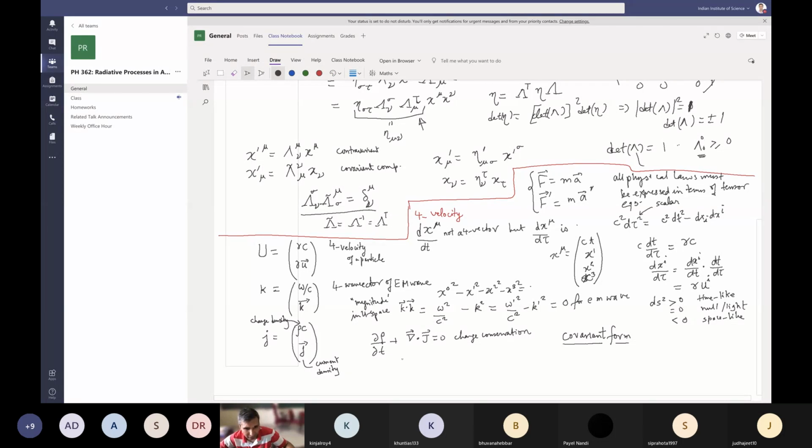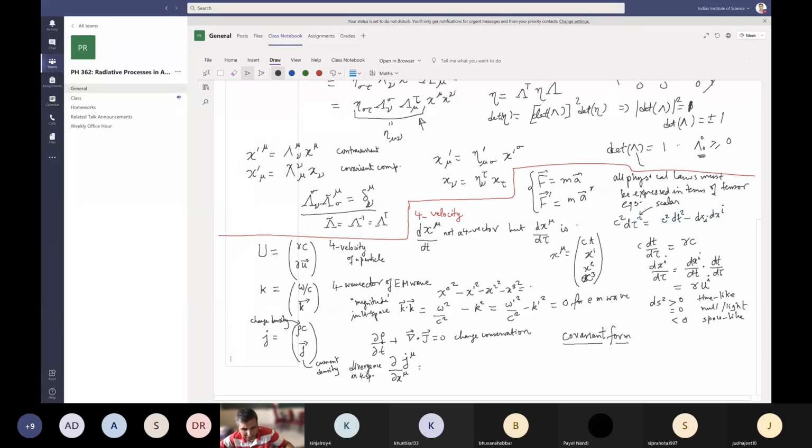So let's see, that actually is j^mu, the contravariant component of current density, and we want to write dou by dou x^mu. So this is like a divergence in 4 space.